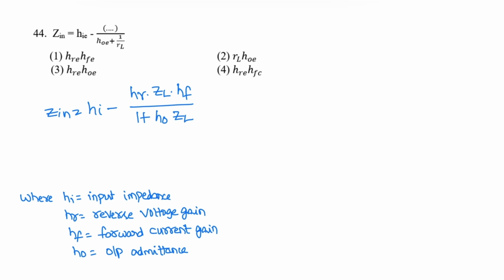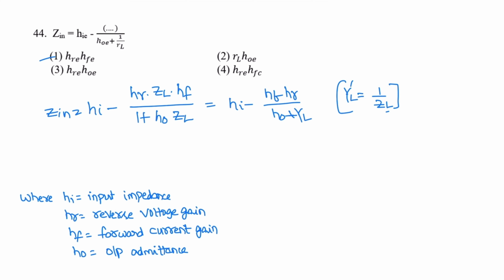Option 1 can also be written as hi − hf hr/(ho + YL), where YL is 1/ZL.